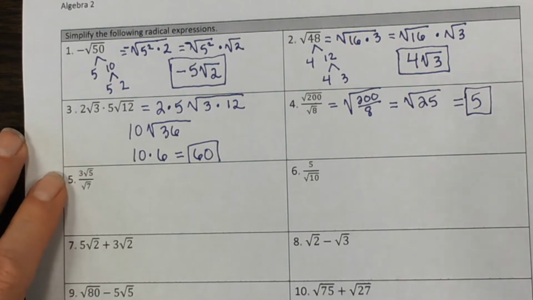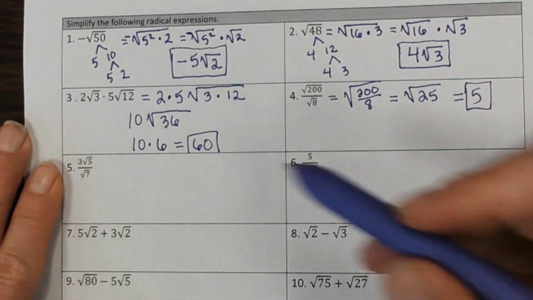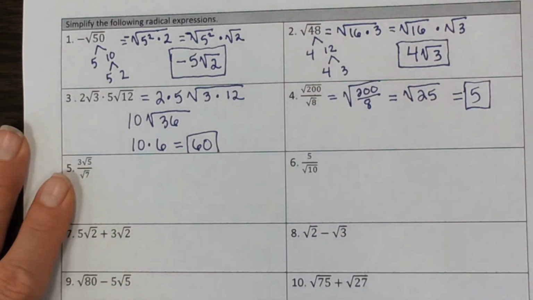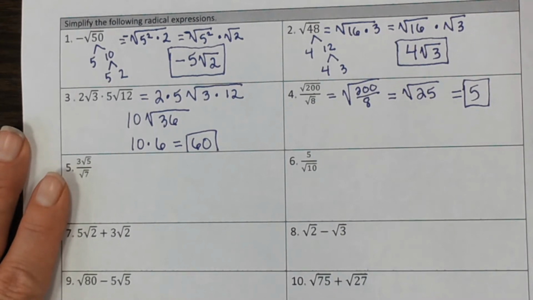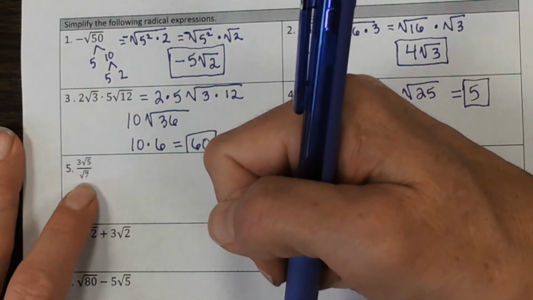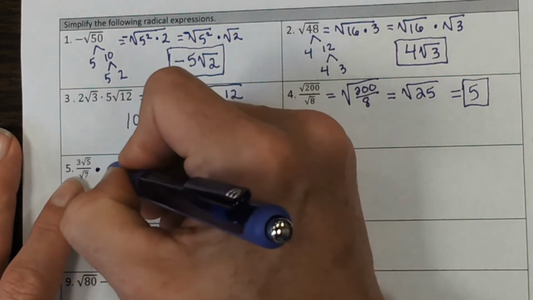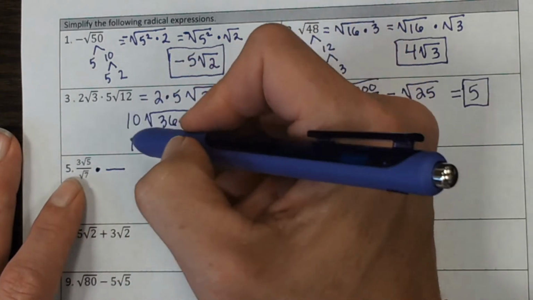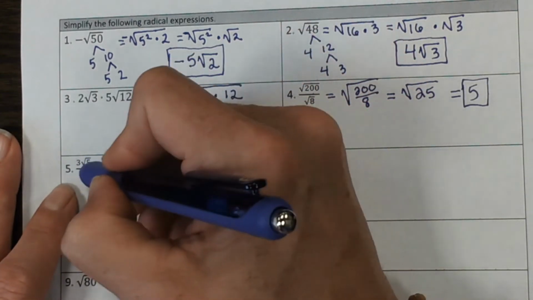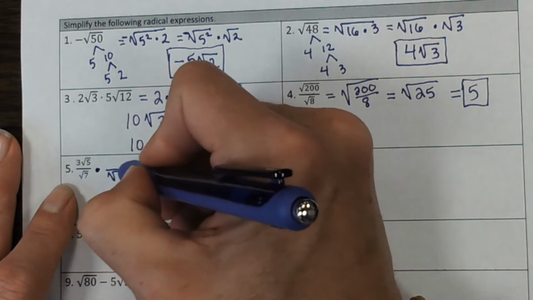Okay, now looking at number 5, I see the square root of 5 and the square root of 7, those do not simplify. So the only way to simplify this is, remember, we cannot leave a radical in the denominator, so I need to rationalize that denominator. Now remember, I multiply the top and the bottom by whatever the radical is in the denominator.